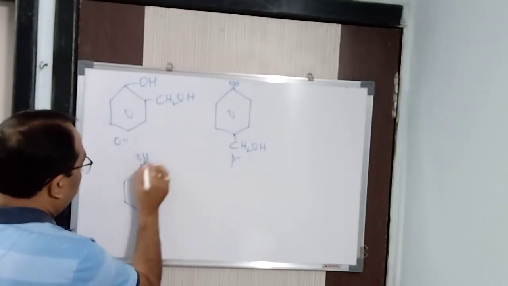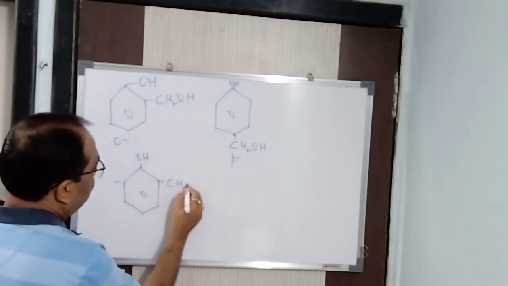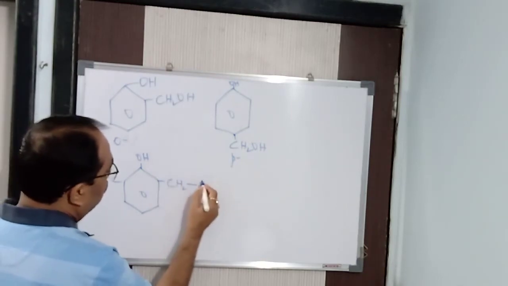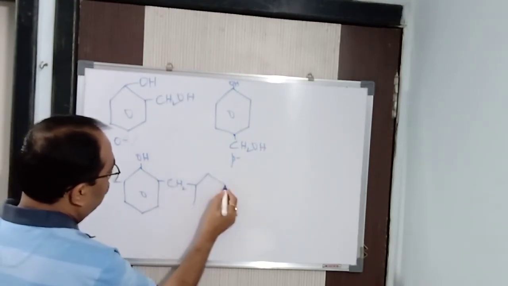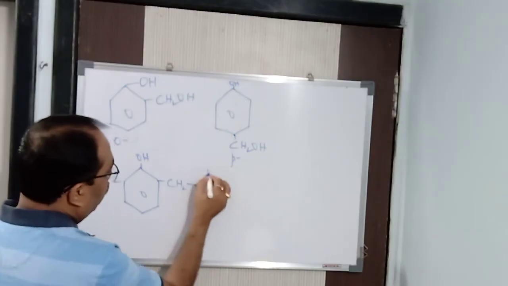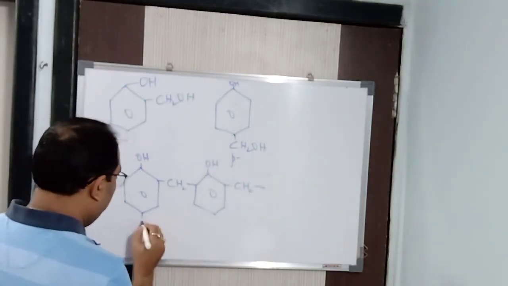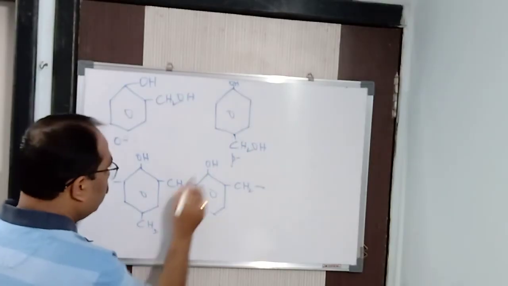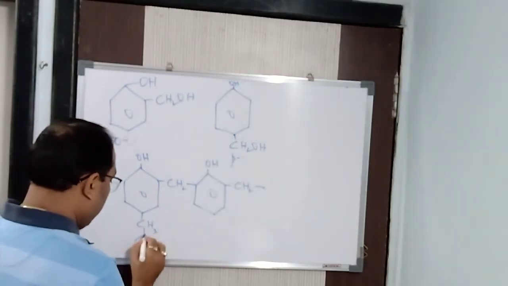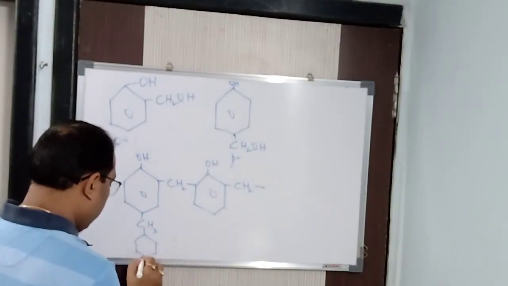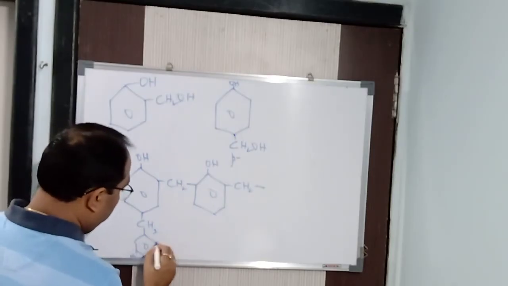This will be your OH, then here it will be CH2, then OH is released, another benzene ring, here OH, here CH2, it will go on in this way, then here again CH2, this CH2 comes from here, then another benzene ring, and here OH. I don't have the space, so I am writing it here.